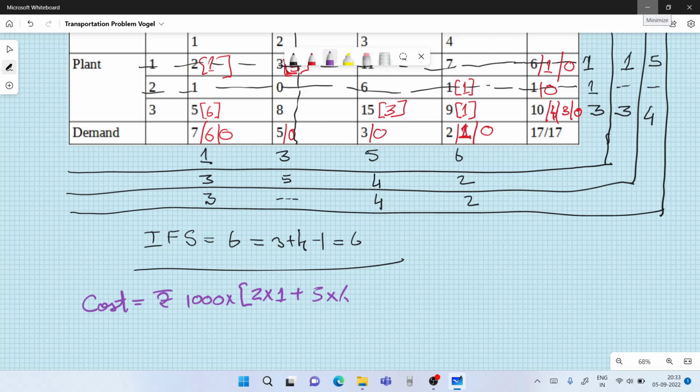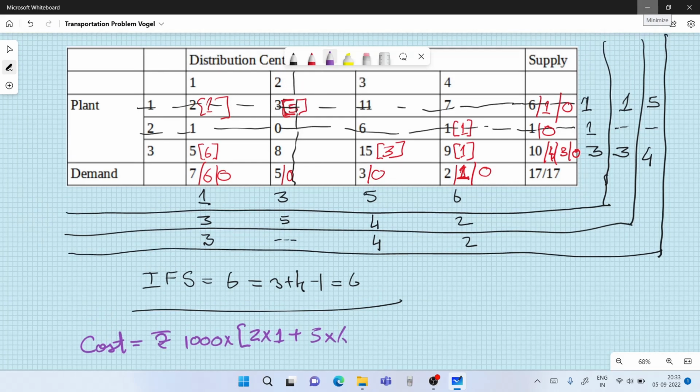That is the cost multiplied by the allocation, right? 5 into 6 plus 3 into 5 plus 15 into 3 plus 1 into 1 plus 9 into 1.